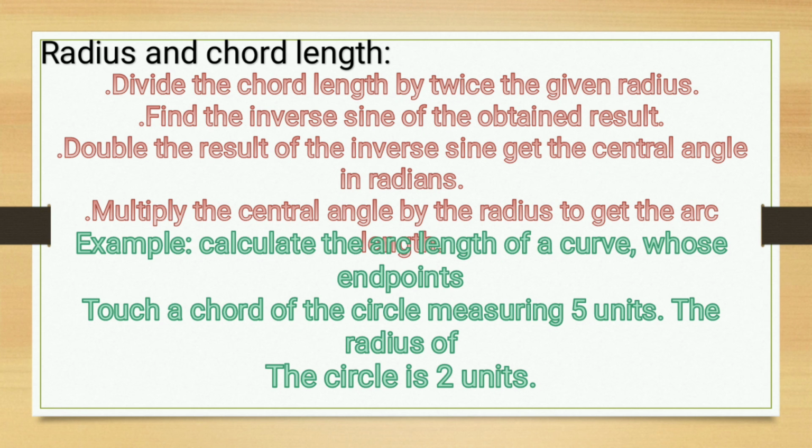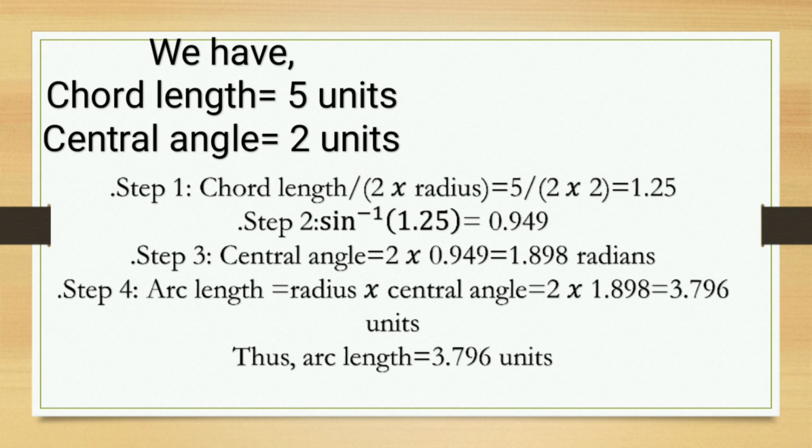Example, calculate the arc length of a curve whose endpoints touch a chord of the circle measuring 5 units. The radius of the circle is 2 units. We have chord length 5 units, radius 2 units. Step 1, chord length divided by 2 times radius equals 5 divided by 2 times 2 equals 1.25. Step 2, sin inverse of 1.25 equals 0.949.